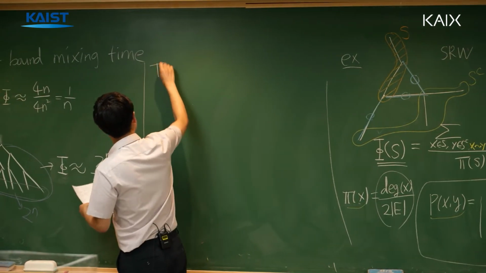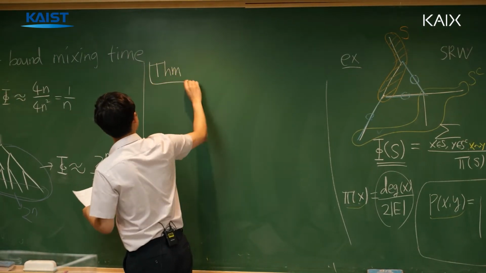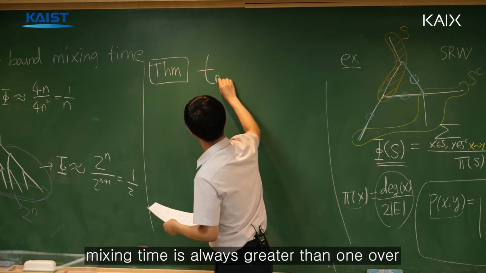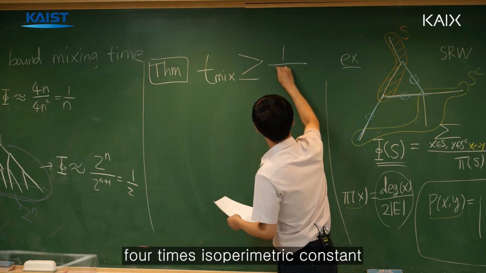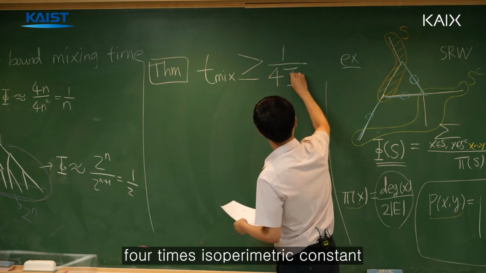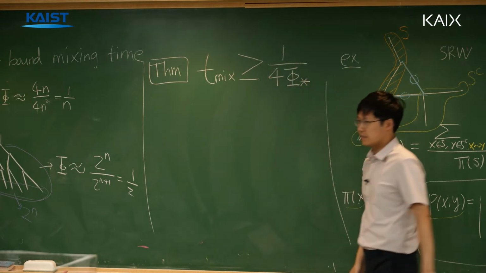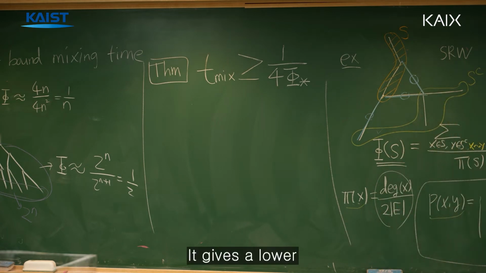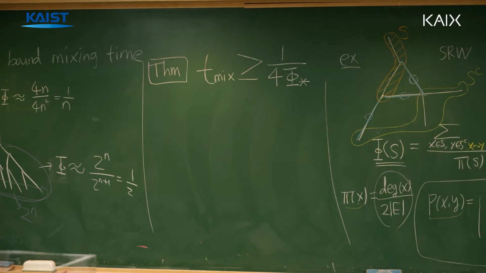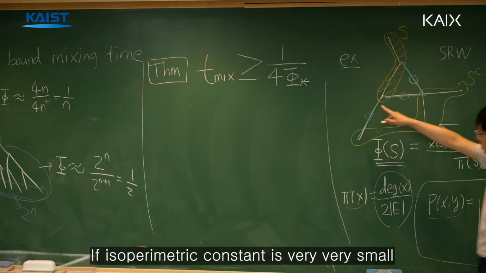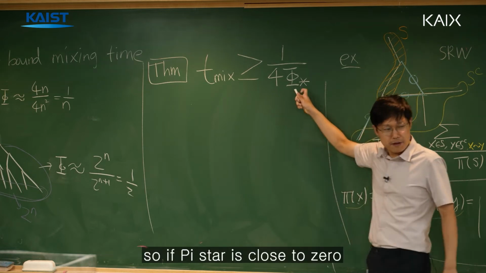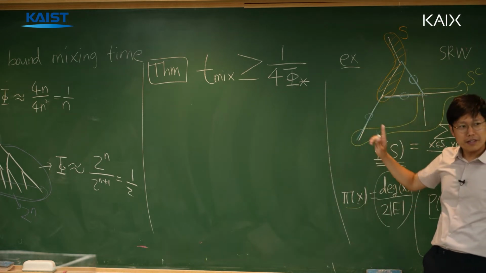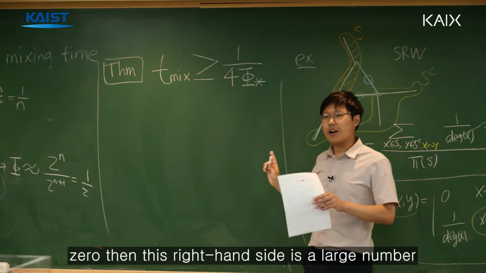Theorem. The mixing time is always greater than 1 over 4 times the isoperimetric constant. It gives the lower bound. So what does this mean? If the isoperimetric constant is very, very small, so if pi star is close to 0, then this right-hand side is a large number.